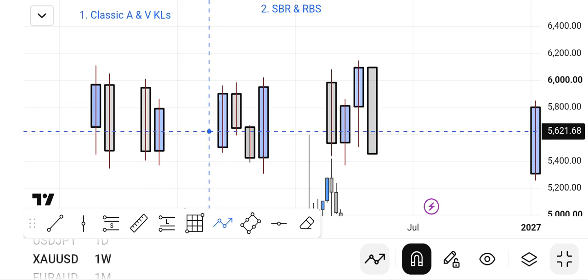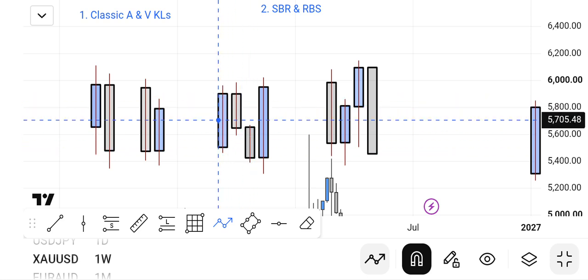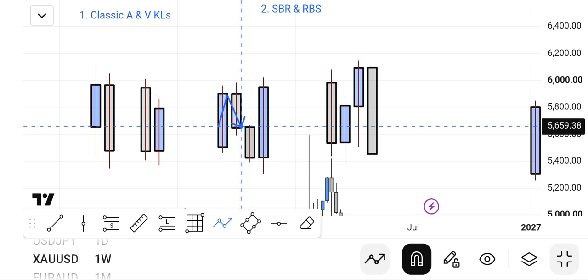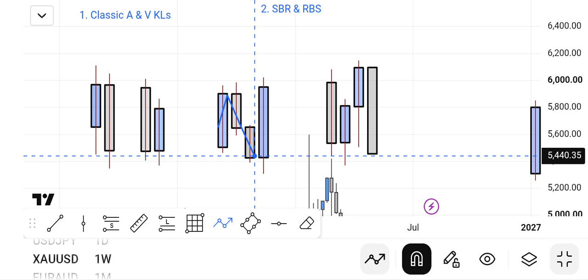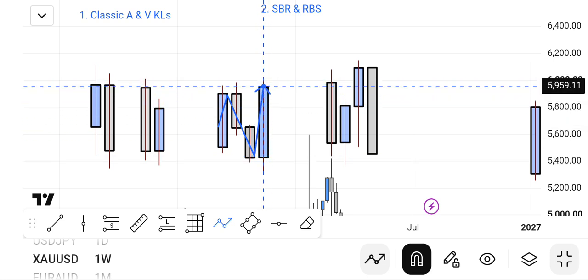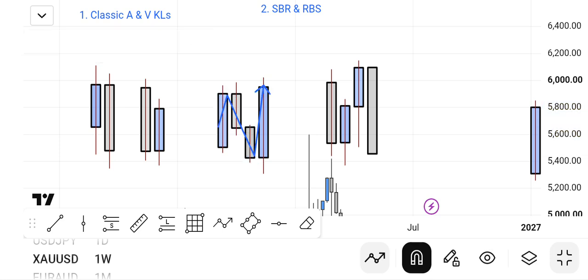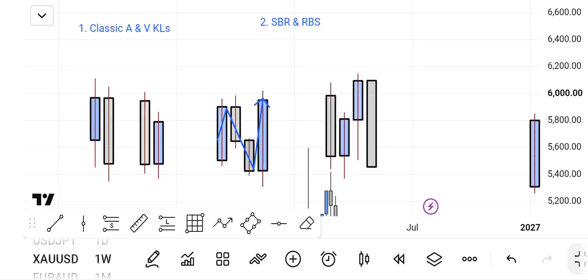Price literally came down here after creating the A shape, and then broke it. I remember this. It broke the A shape key level, and then what did it turn to? We call this the RBS.